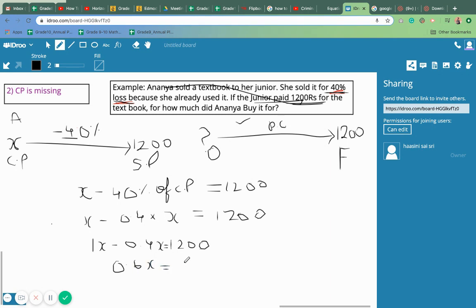Now I have to divide by 0.6 on both the sides. Eliminating 0.6 will give me the value of x. X is nothing but my cost price. So this gets cancelled. I have to find 1200 divided by 0.6.